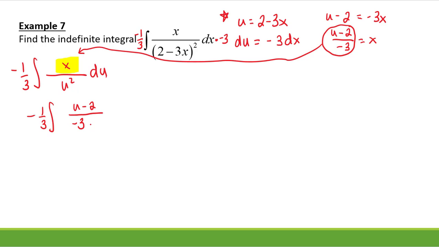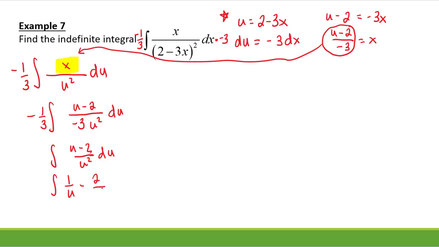I'm going to bring this -1/3 out in front. So that becomes a 1 out in front. And I have u minus 2 over u squared du. Now remember, there's no rule for division. So what we have to do is change this to 1 over u minus 2 over u squared du.